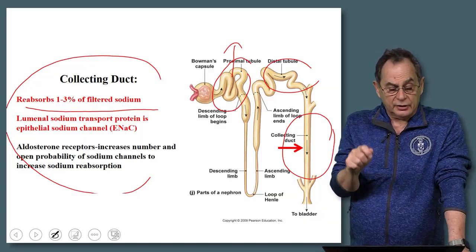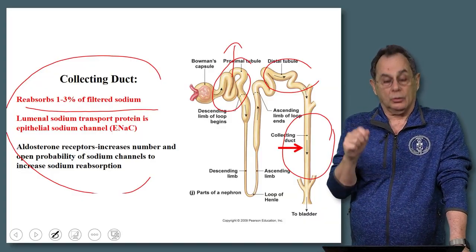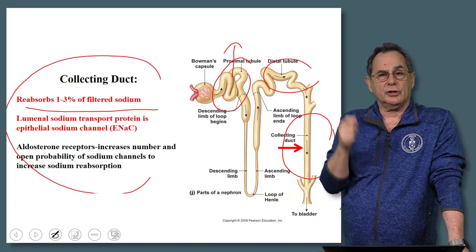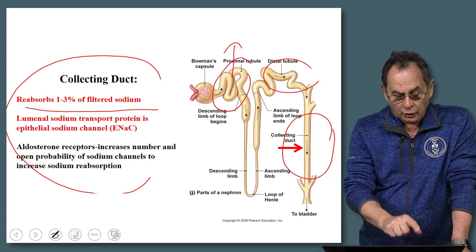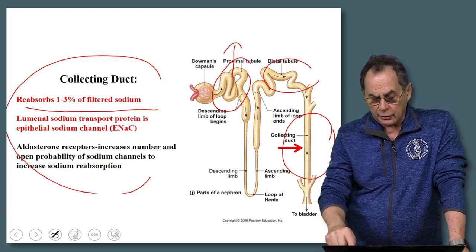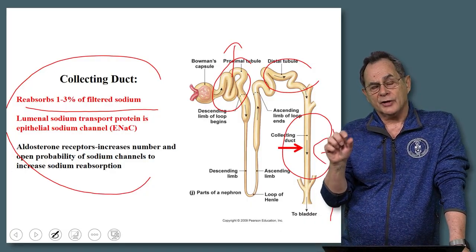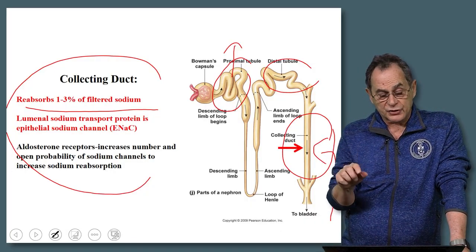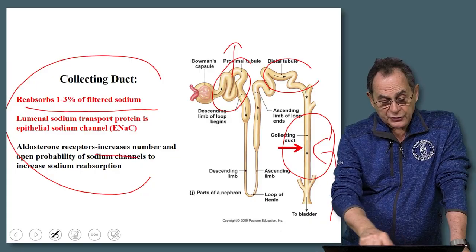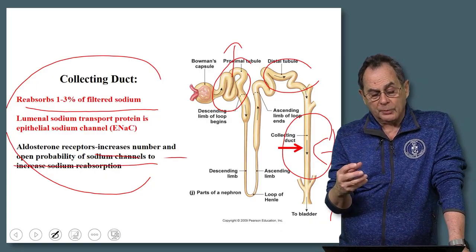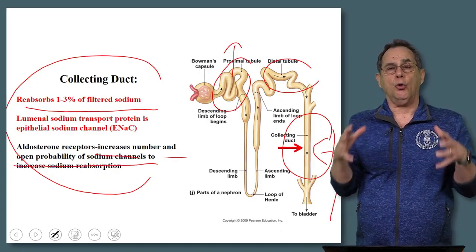It's the epithelial sodium channel, called ENaC for short, epithelial sodium channel. And aldosterone has two critical effects in this part of the nephron. There are aldosterone receptors within the cell. Aldosterone increases the number and probability that the sodium channels are open.